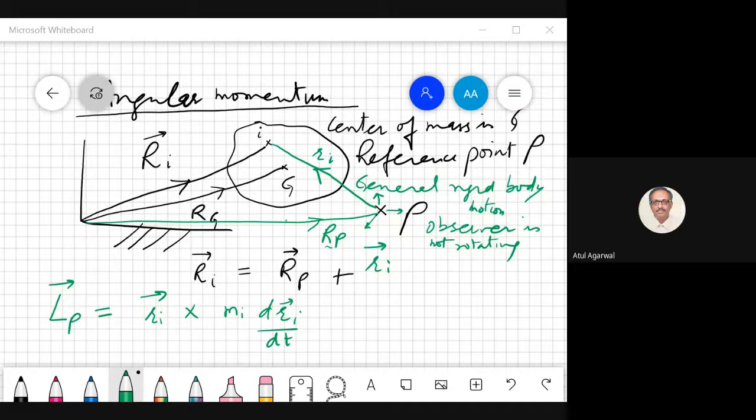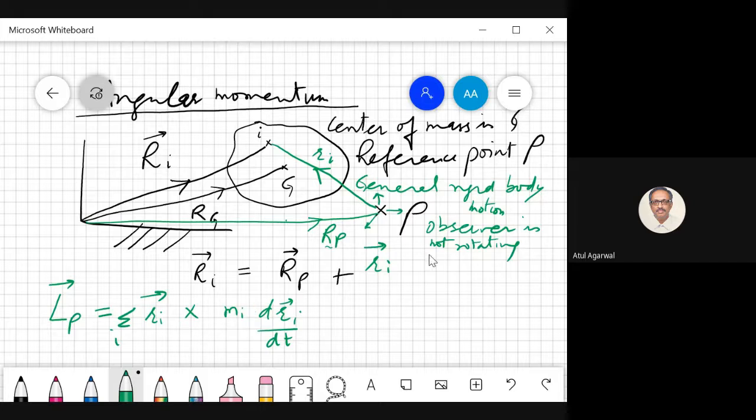What is the angular momentum of this body? Then you have to sum it over all particles. This is very critical. So this is the angular momentum of this body. I am just summing over all the particles of the body. mi is the mass of that particle.